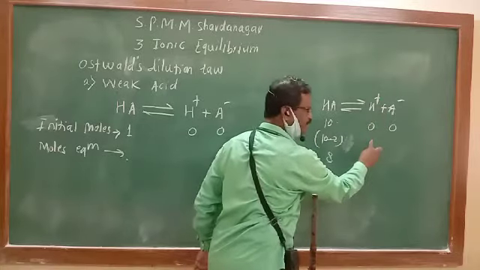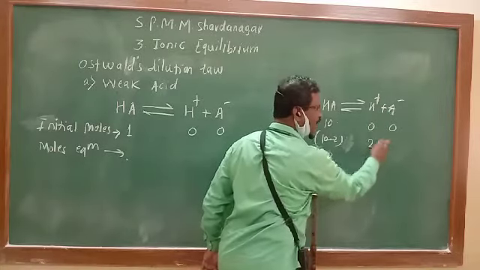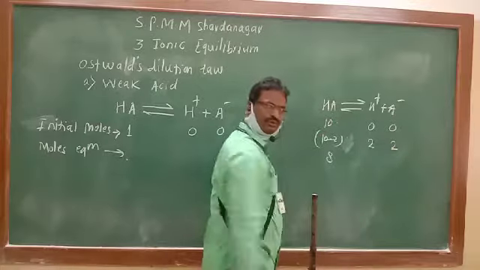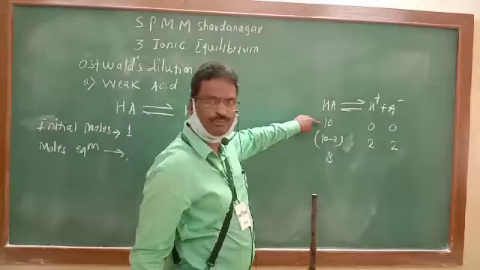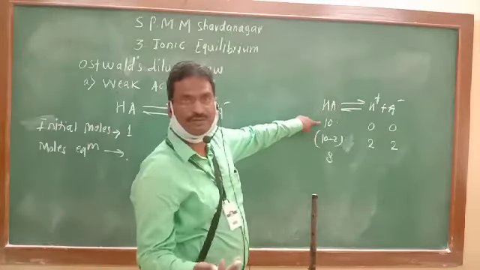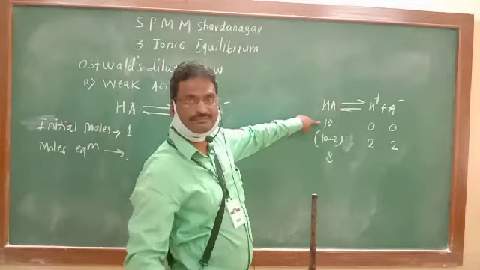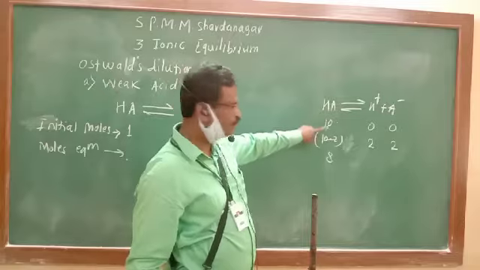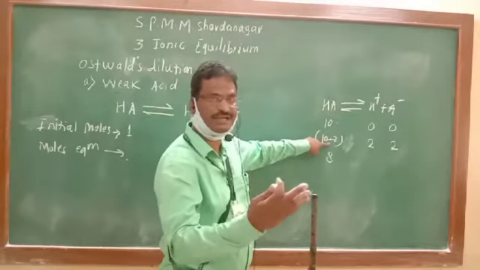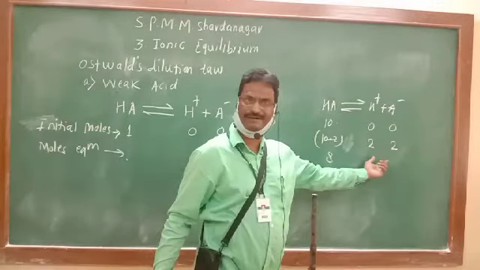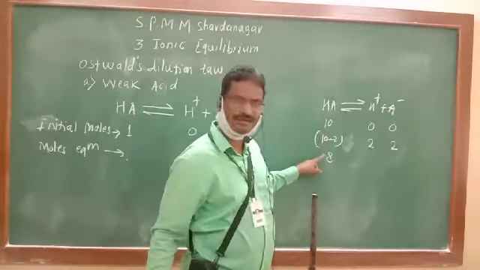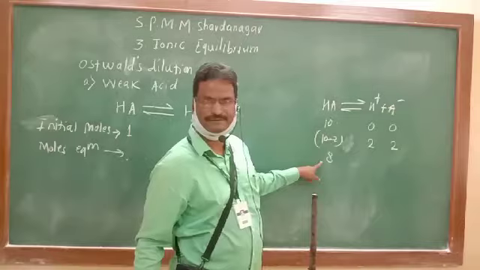How many H plus ions are obtained? 2. How many A minus ions are obtained? 2. Are you getting it? We have started with 10 moles. Out of 10 moles at equilibrium, 2 moles are dissociated. So 2 H plus and 2 A minus are obtained. And how many left behind? 10 minus 2, that is 8.